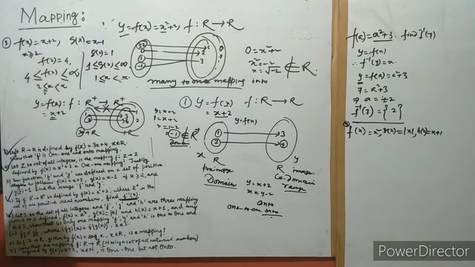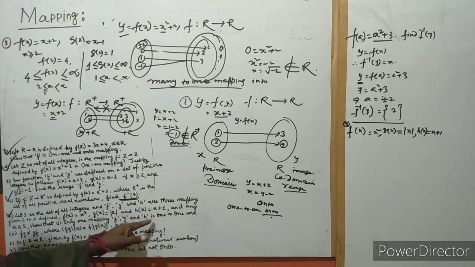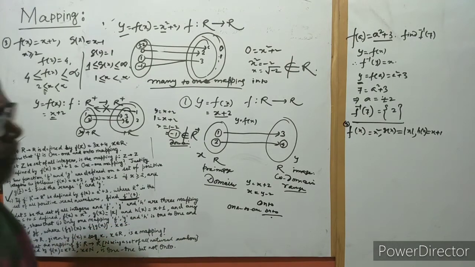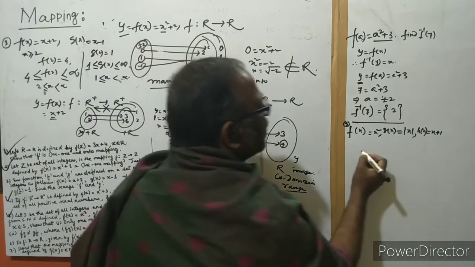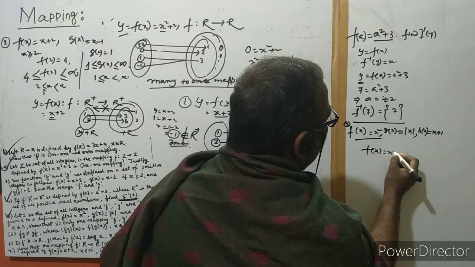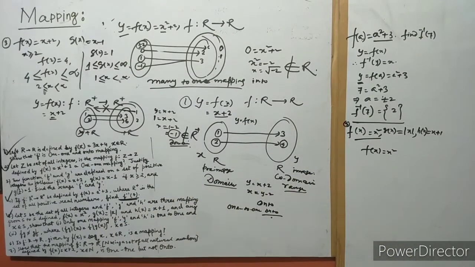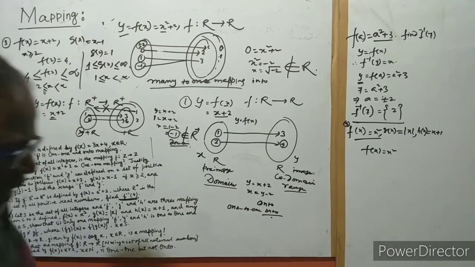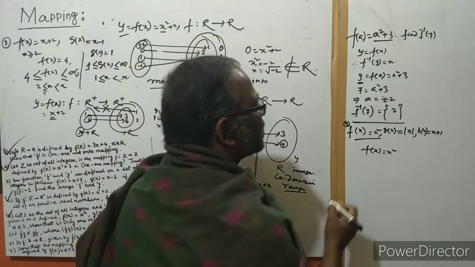The question asks which one is a one-to-one mapping. Only one of f, g, h is one-to-one. Which one is it? See, for example, the function f of x equal to x square is a mapping from the set of all integers to S, all integers.